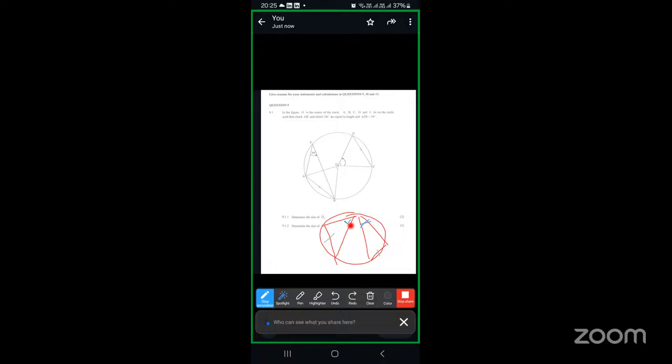You need to note that those chords are equal, then we just go straight to the angles that are opposite that chord, and those angles are going to be equal. Reason being equal chords subtend equal angles. Do you get this?